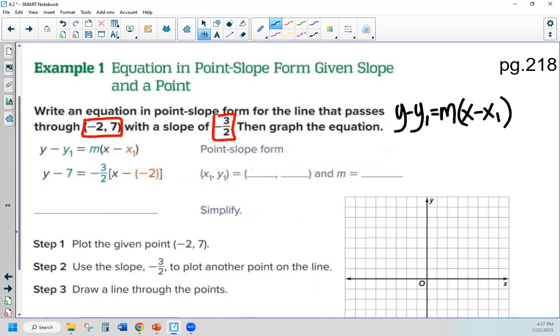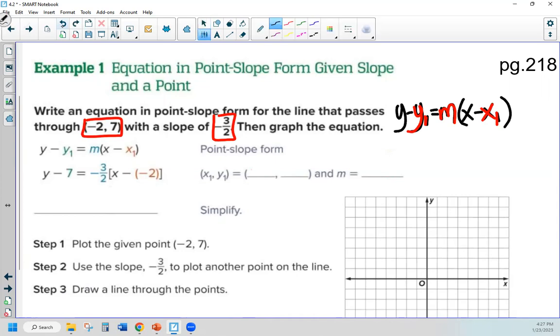Now, x1 and y1, these right here in red, are your x and your y from the point that is given to you. And then the slope is also going to be what's given to us, or what we calculate. Sometimes it's not going to be given to us. All right, so let's see how easy this is.